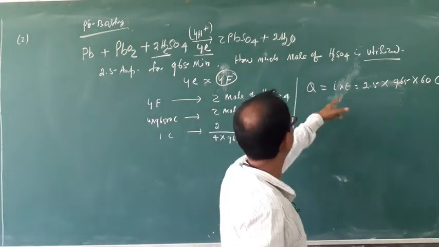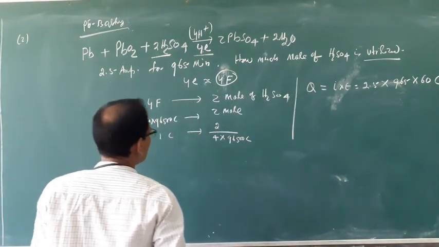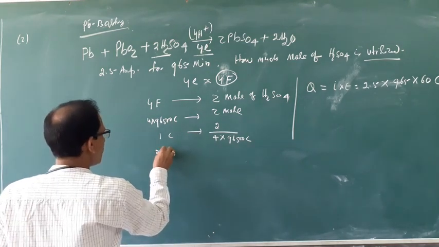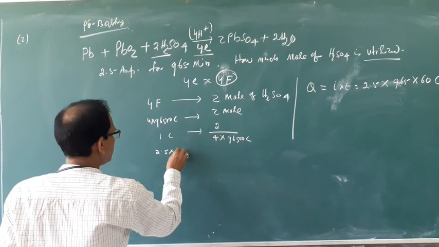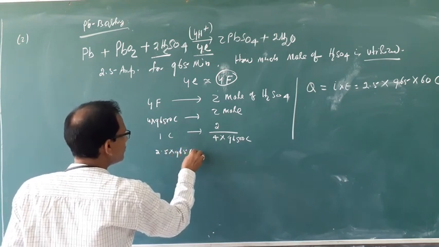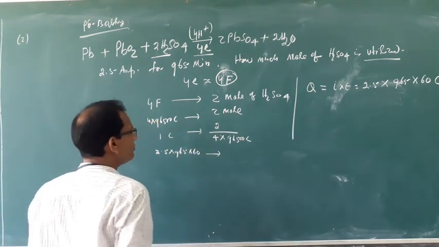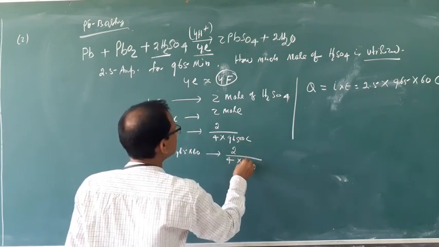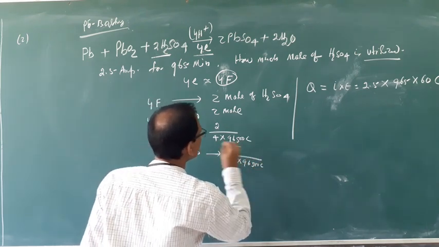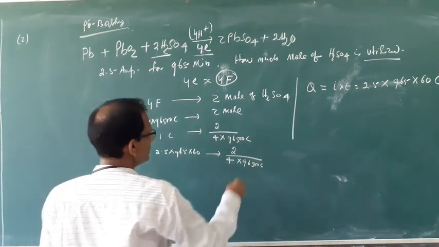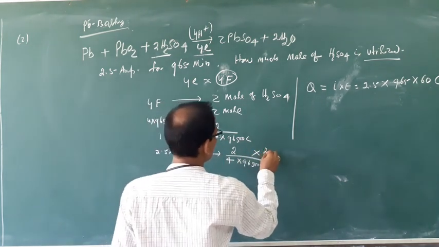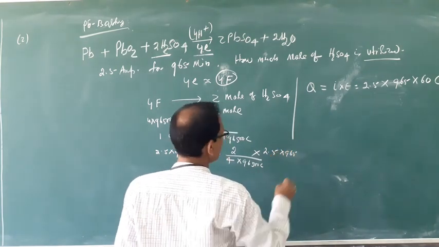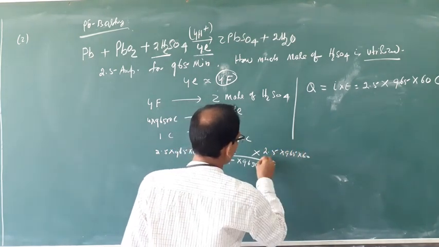So 2.5 into 965 into 60 coulomb produce how much? 2 upon 4 into 96,500 coulombs into 2.5 into 965 into 60.